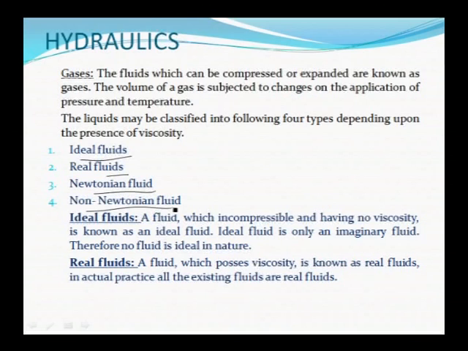Now let us understand what an ideal fluid is. A fluid which is incompressible and has no viscosity is known as an ideal fluid. An ideal fluid is only an imaginary fluid, therefore, no fluid is ideal in nature.